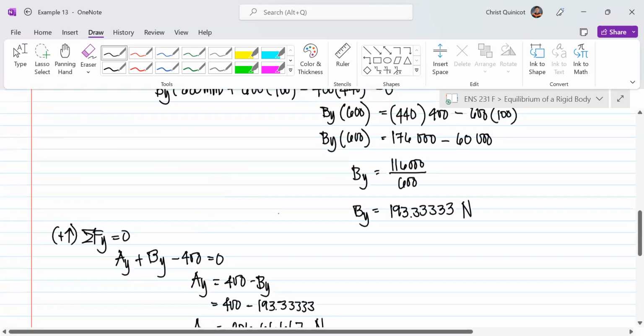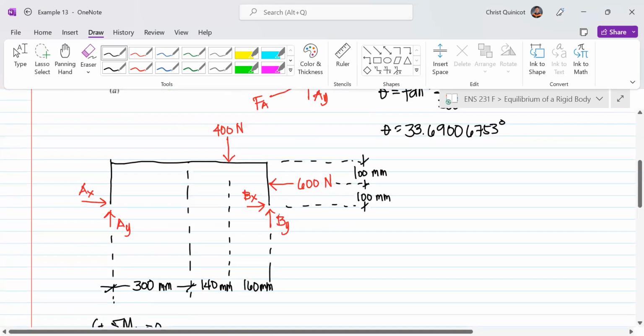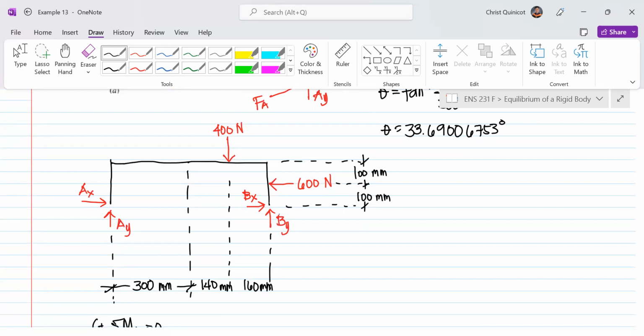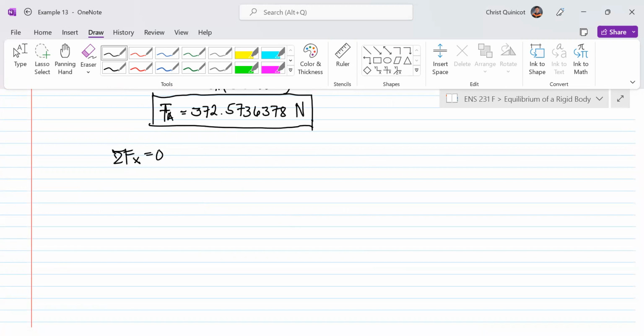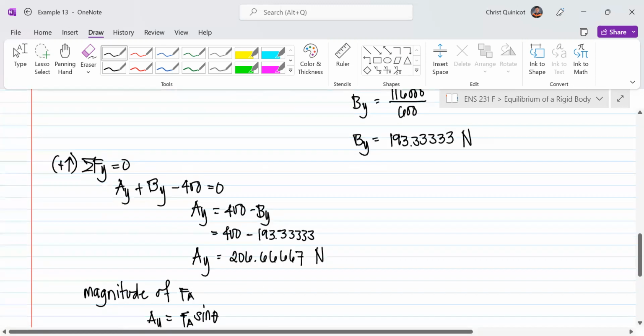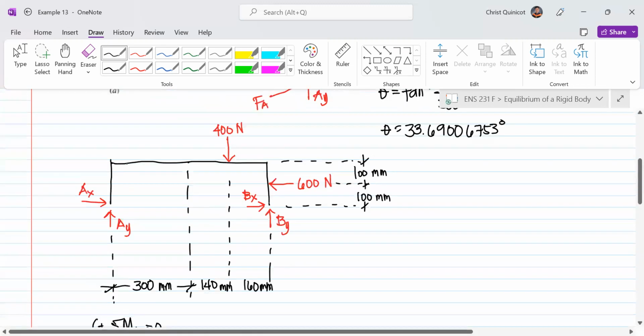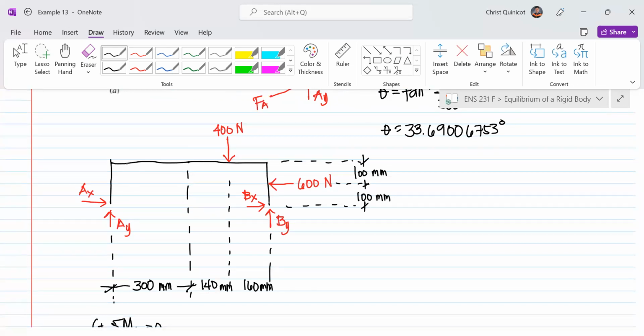Okay, now that we have calculated the magnitude of our F sub A, we can now calculate for our B sub X if we do force summation in the X direction. So that is summation of forces X is equal to 0, assuming to the right positive. We can observe that B sub X and A sub X are to the right, while the 600 Newton is directed towards the left.